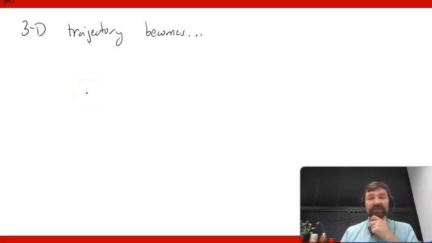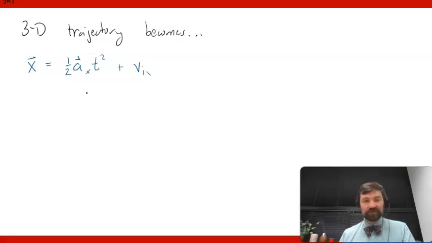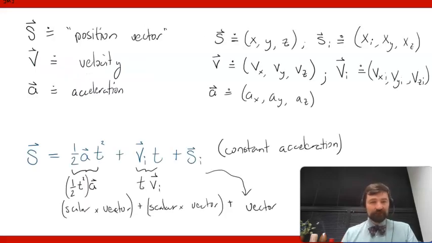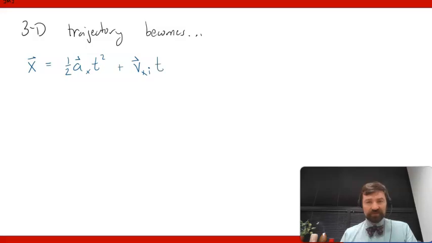So a 3D trajectory would become: x is equal to 1/2 a_x t squared plus v_x initial times time plus x initial.